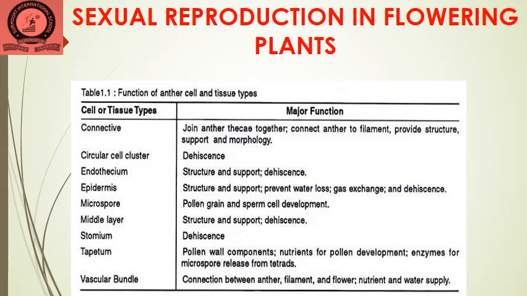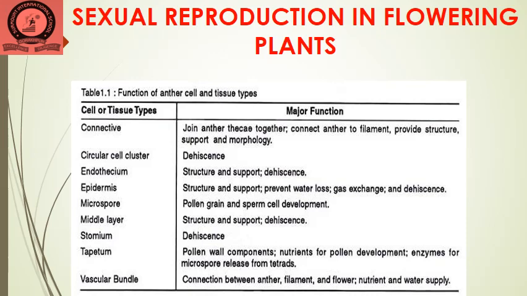The endothecium provides structure and support and helps in dehiscence. The epidermis is the outermost layer and it provides structure and support, prevents water loss, allows gaseous exchange, and helps in dehiscence.